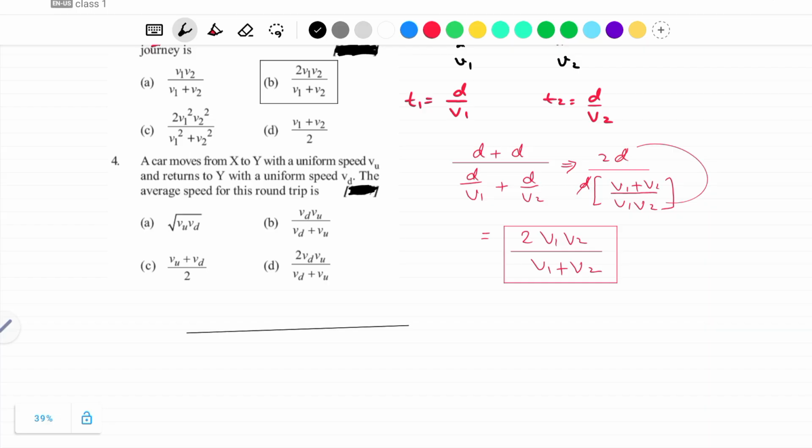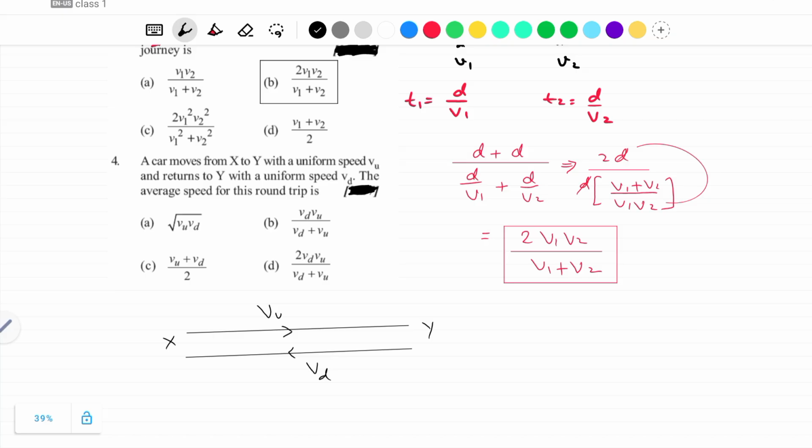So students, let's say this is our total path. This is point x and this is point y. While going from x to y, speed is Vu, and while coming back from y to x, speed is Vd.